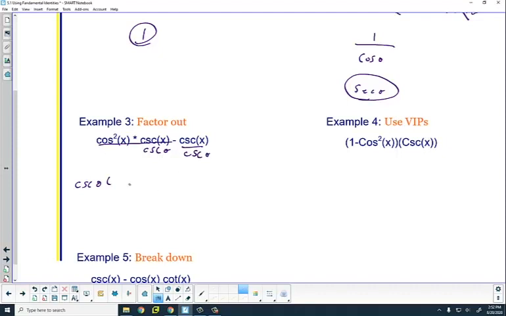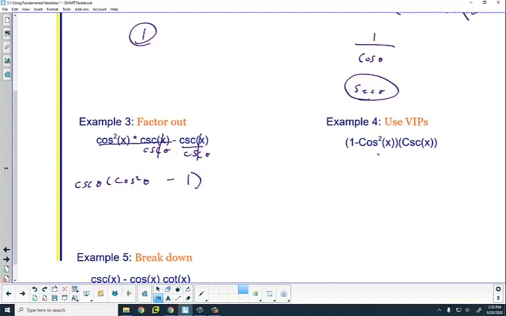I got to divide it out. That's what factoring is. I'm left with cosine squared theta minus 1. So this becomes 1, that becomes 1. Can't forget your placeholder. So I'm going to leave this here, cosecant theta times cosine squared theta minus 1. We're just going to pause here with this one. I just wanted you to see what factoring out looks like.